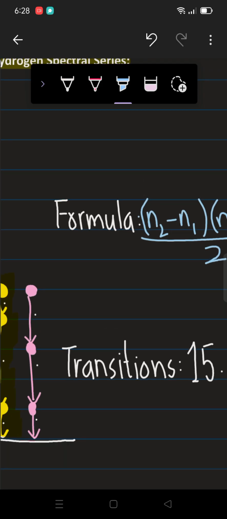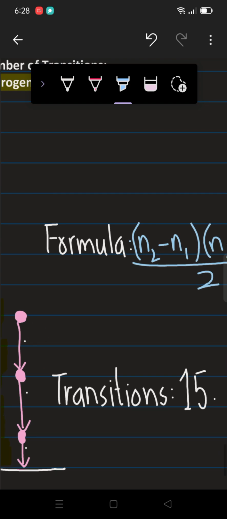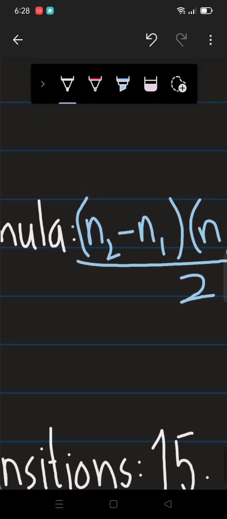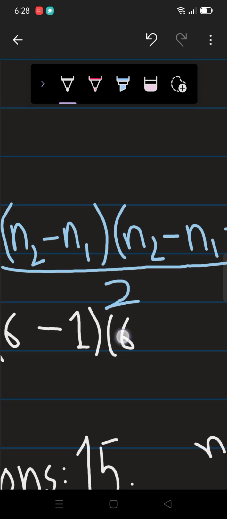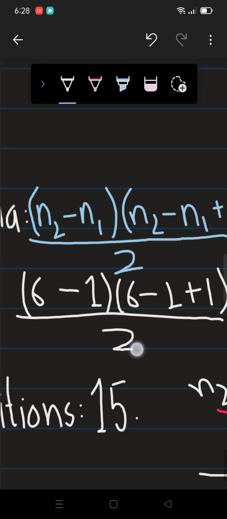Now see, what is the n2 we have? n2 is 6, right? Because an electron is coming from the sixth shell. So 6 minus, where is it going? 1, right? n2 is 6, minus n1 which is 1, and plus 1, divided by 2.